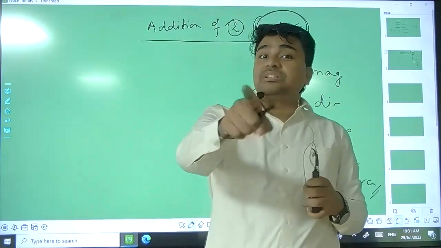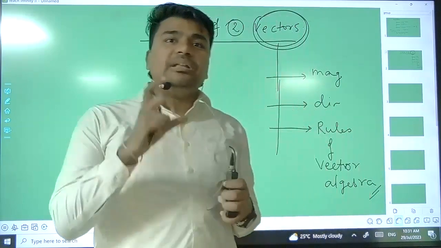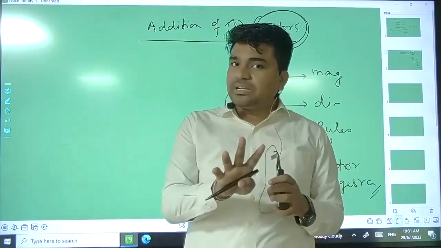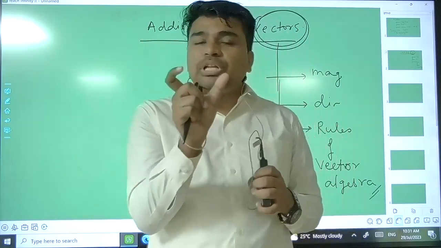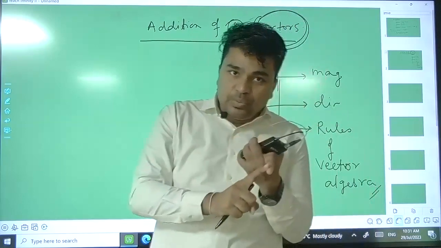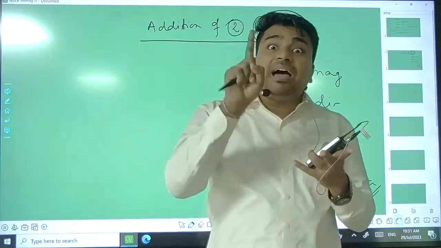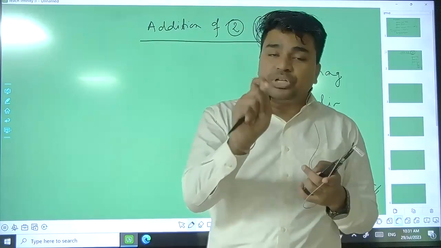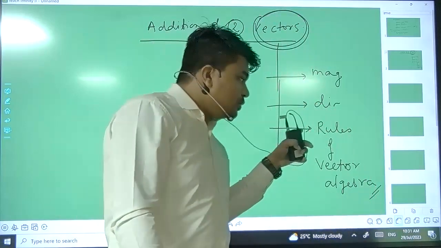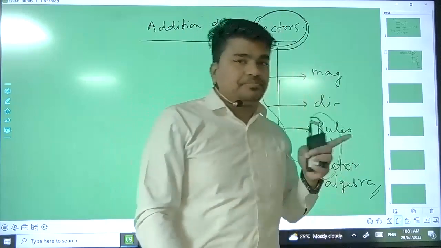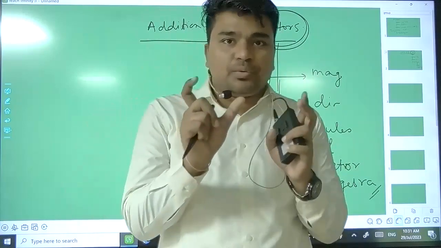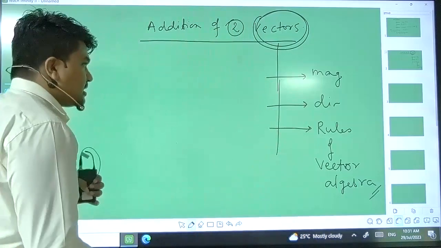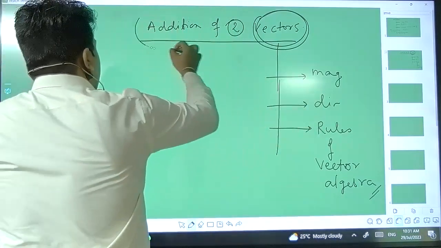We are going to discuss that now. First we thought about what a vector is: a quantity which has magnitude and direction, and which follows the rules of vector algebra. Now we are talking about addition of two vectors.